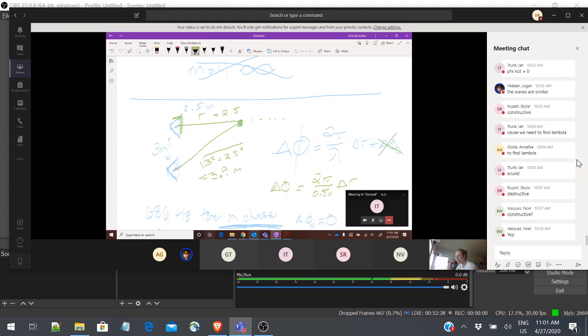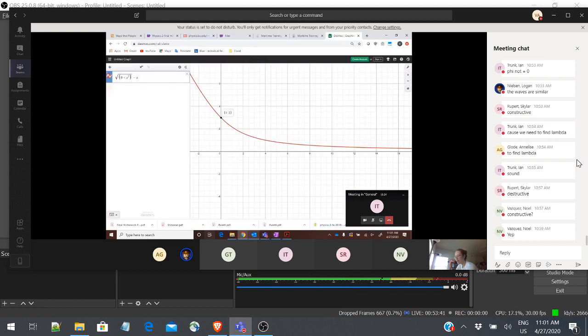By the time you're standing 6 meters away, there's only a 0.7 meter difference between those two distances. Does that make sense?